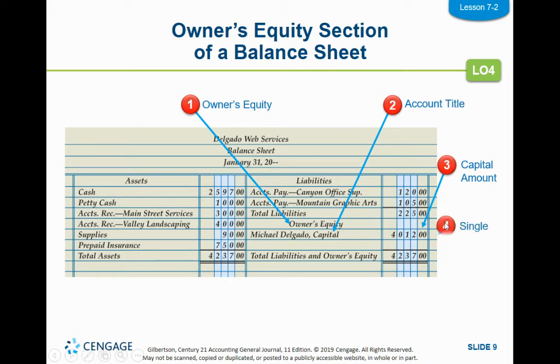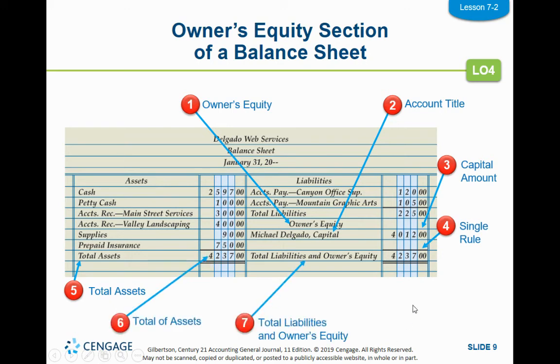So now you're going to take your total assets, you're going to add those up. The reason you wait to add up the total assets is because everything has to be in balance. We want the total assets amount to be on the same line as the total liabilities and owner's equity. So you add up your total assets, then you come over to the other side and you're going to write total liabilities and owner's equity on the same line as total assets.